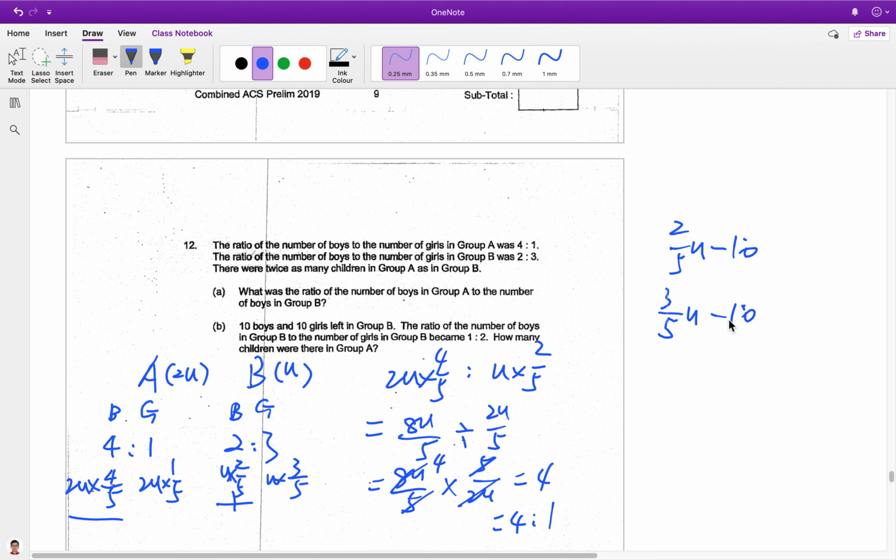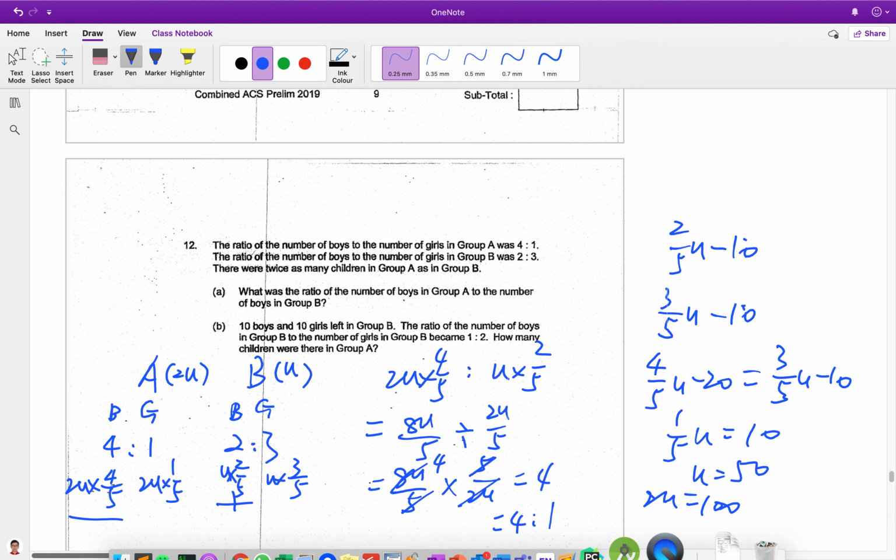So this one times 2 equals this one, right? So 2 times (2u/5 minus 10)... minus 20 equals 3u/5 minus 10, right? Moving over to this side, 1/5 u equals 20 minus 10, which is 10, right? u equals 50, right? How many children were there in group A? A is 2u, right? 2u equals 100.